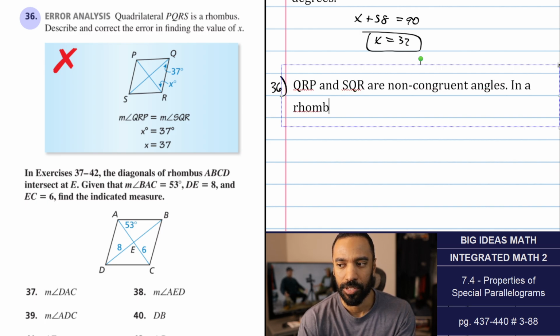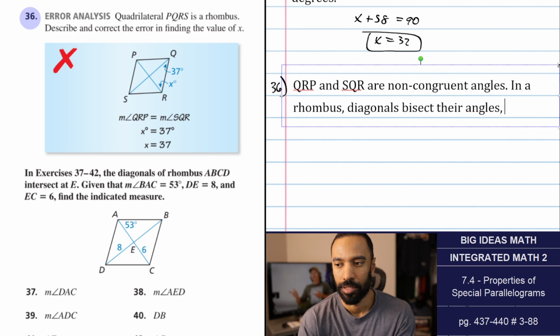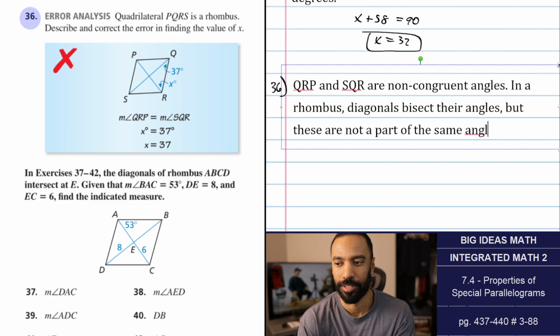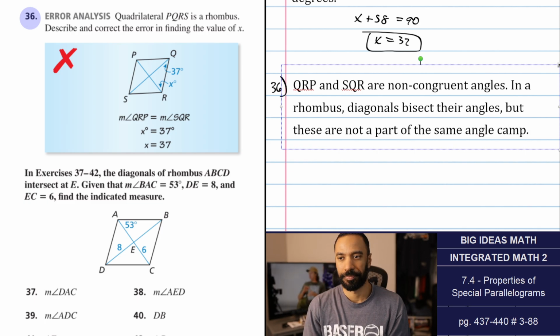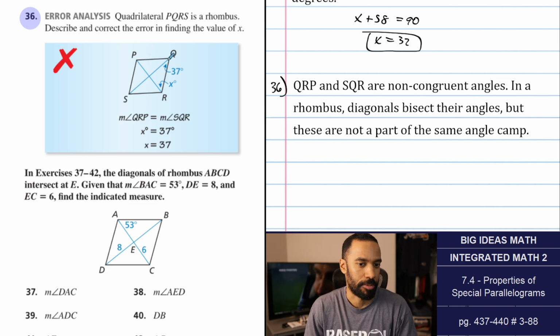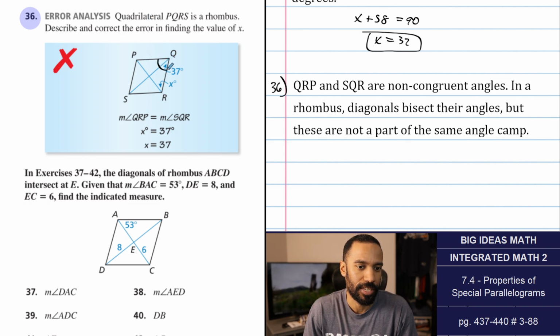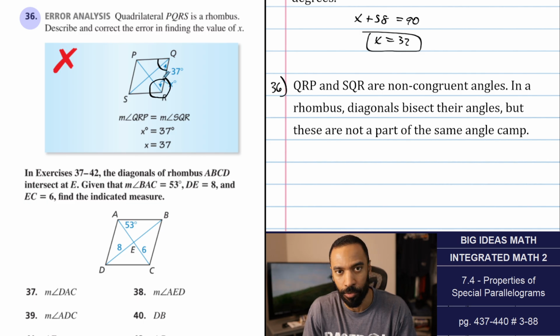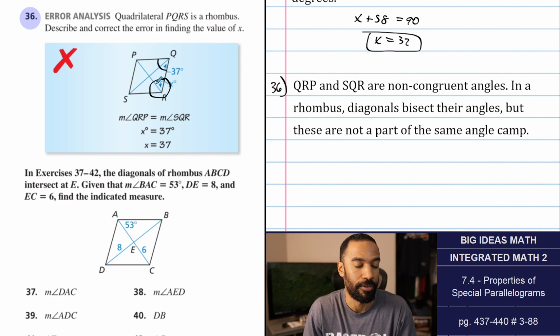In a rhombus, diagonals bisect each other, or their angles. But these are not a part of the same angle camp. Now, if you want to solve it, we'll work based off other rhombus properties. You can double 37 to get 74. This will be the supplement to 74, which is 106, and divide 106 by 2 to get 53.